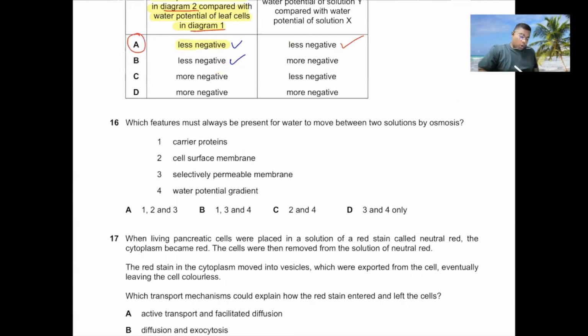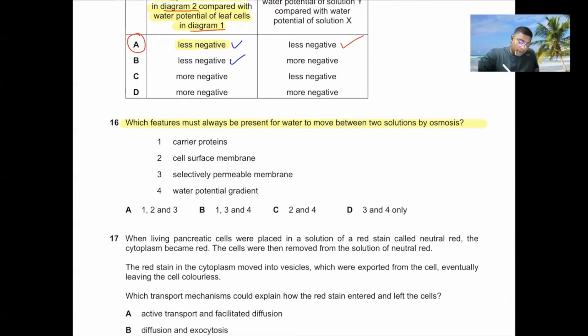Which feature must always be present for water to move between two solutions by osmosis?